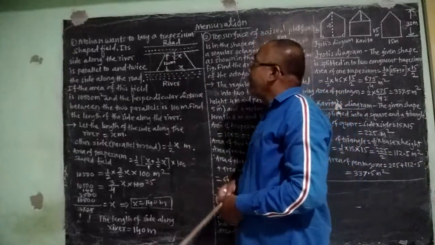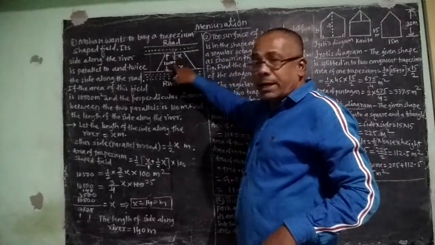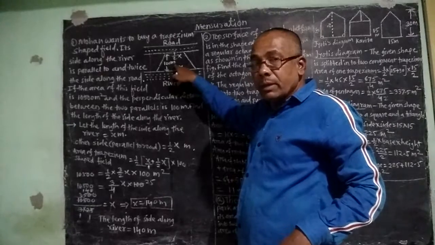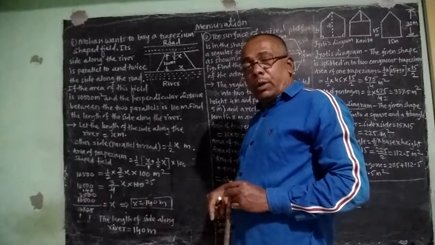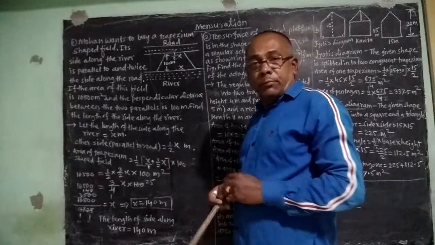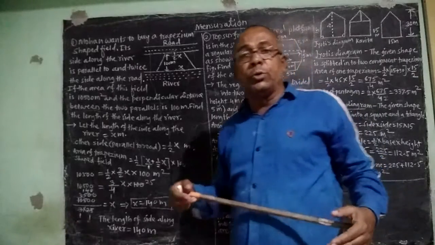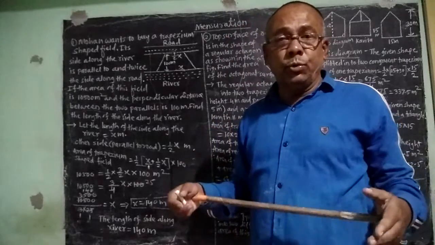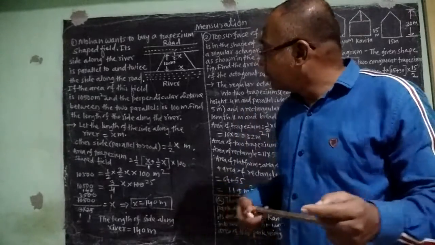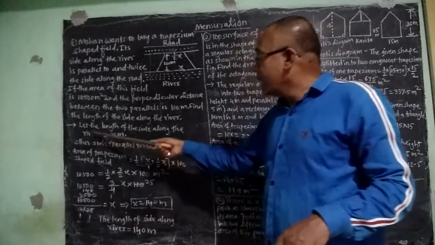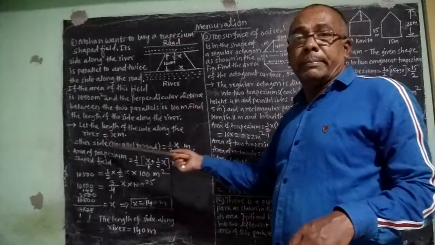And the perpendicular distance between the two parallel sides is 100 meter, given, and therefore here we have to apply the formula for the area of the trapezium, that is equal to 1/2 into sum of the parallels into height. So here let the length of the side along the river be x meter.